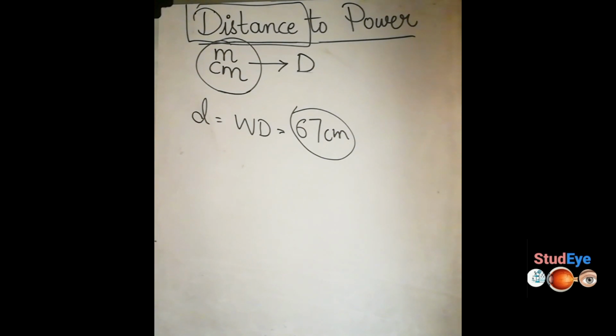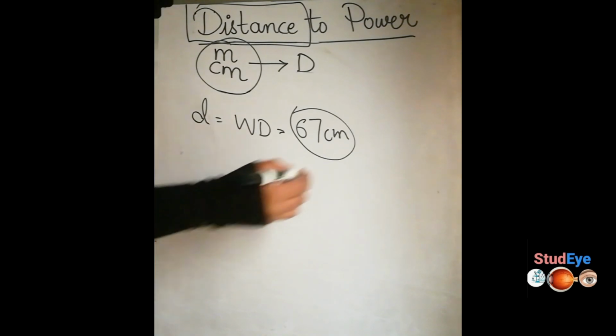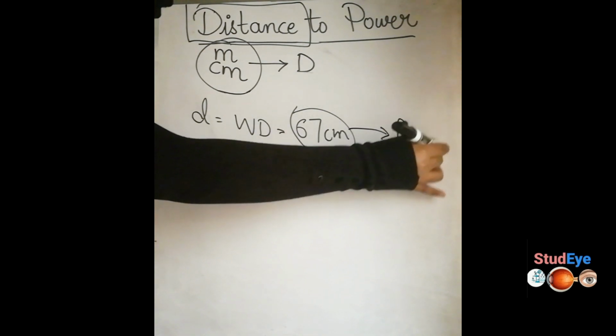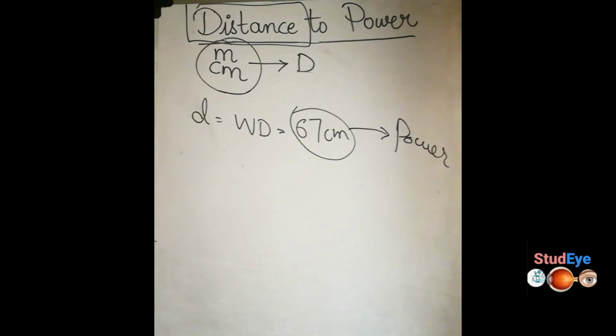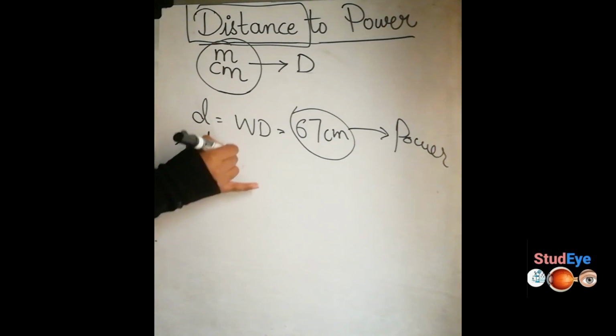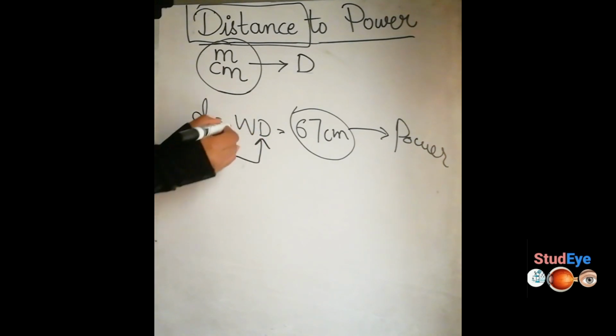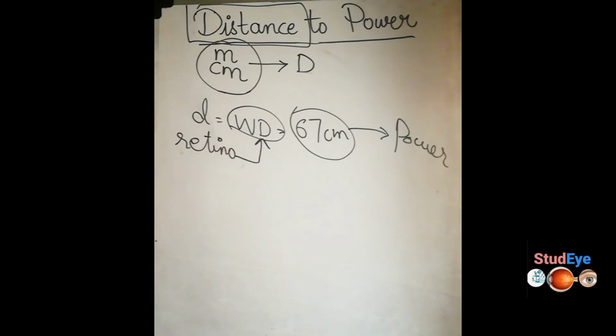After the retinoscopy, we deduct this working distance from the final reading. It is not the case that we only subtract the distance, we subtract the power of that distance. That is why we should know which formula is used for this.